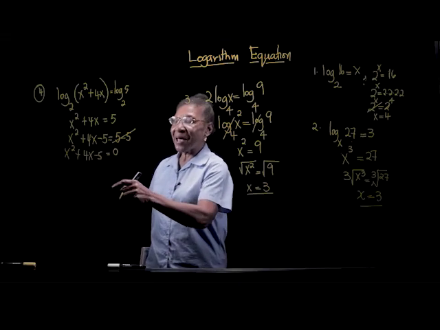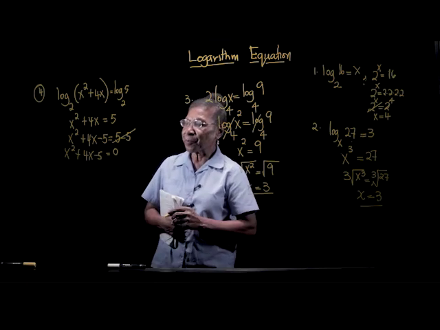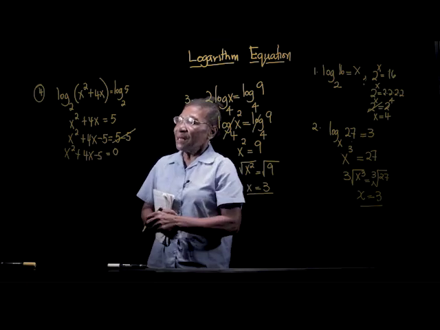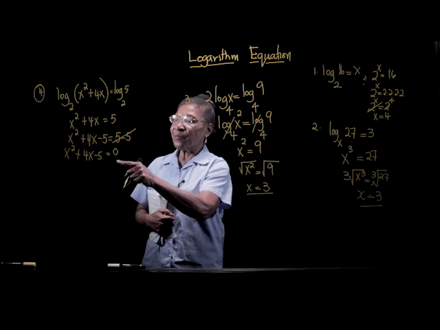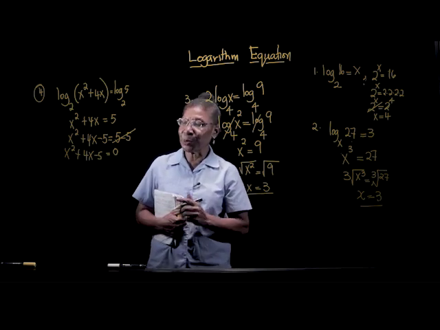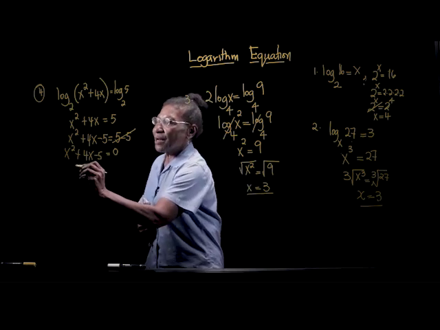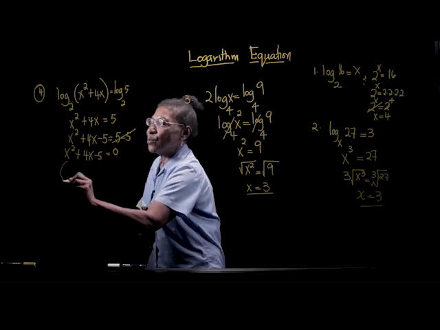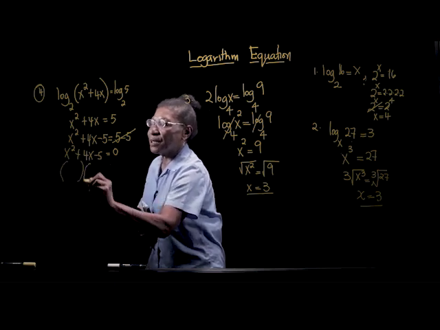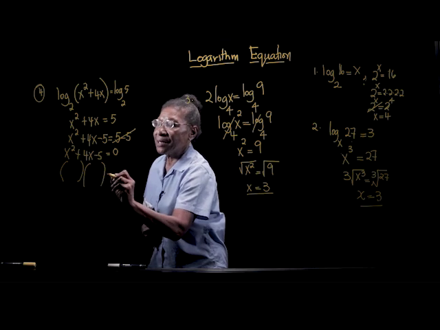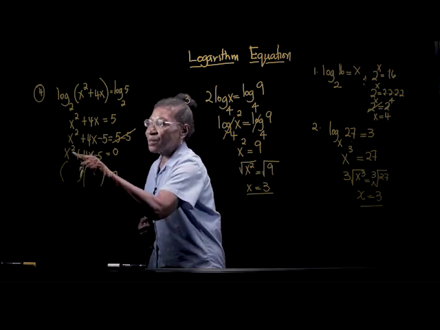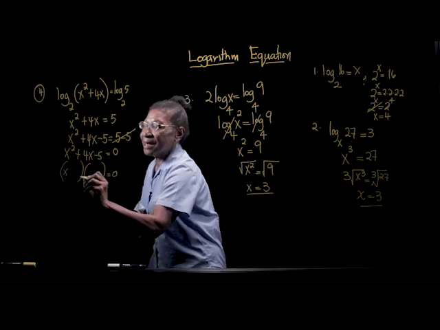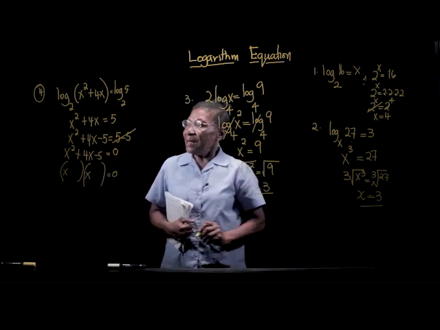Simplifying that, we now have a quadratic equation: x squared plus 4x subtracting 5 is equal to 0. In a quadratic equation, we need to factorize. x squared is actually x and x.